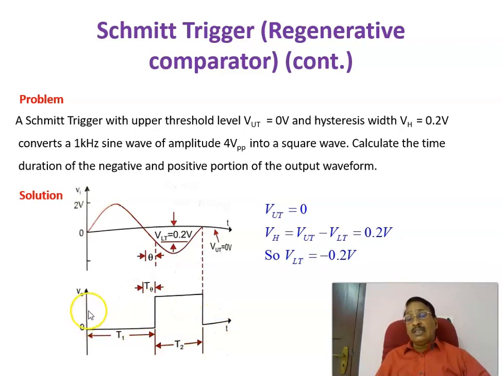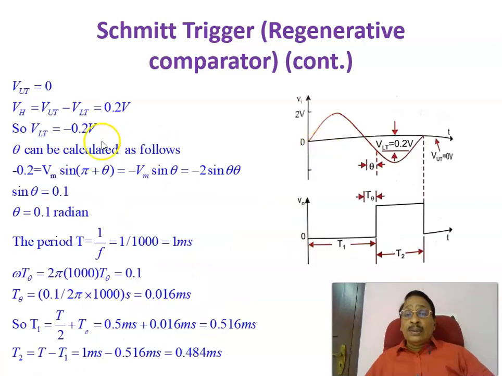Therefore, the problem asks what T1 and T2 are. In this problem VUT is given, VH is found, and VLT is minus 0.2. Theta can be calculated as follows. This value is equal to minus 0.2 volt.